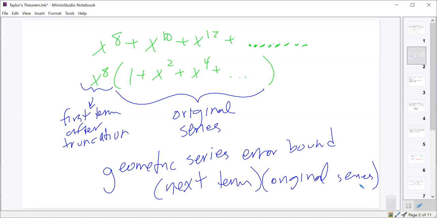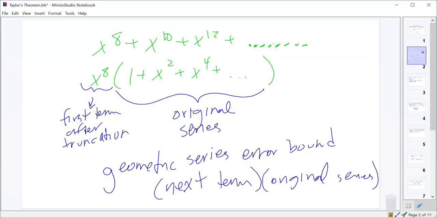This number, x to the 8 times 1 plus x squared plus x to the 4, and so on, is less than the actual value of the series because all the values of x are between -1 and 1. Make sense to everybody? People here good? People on Zoom, are you good? Yep. Very good.